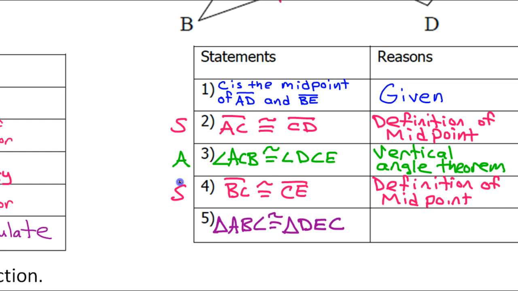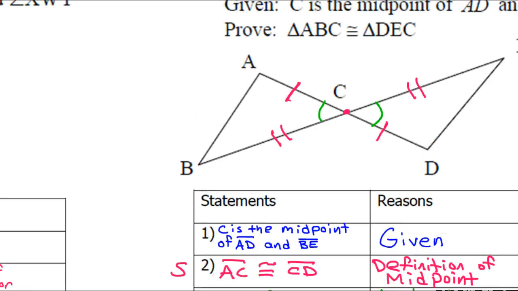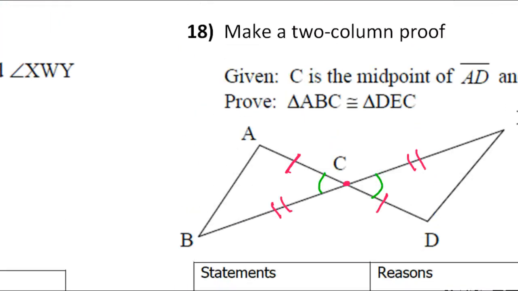And that's by the side angle side postulate. Okay, so that is it for our two-column proof for number 18.